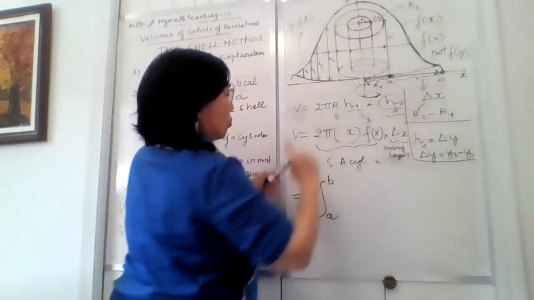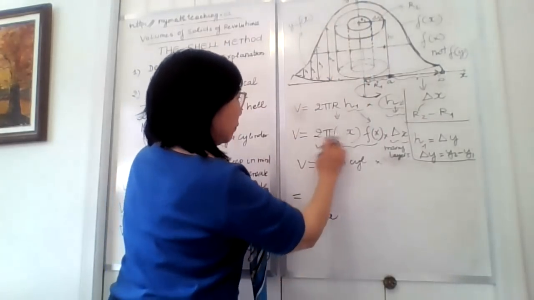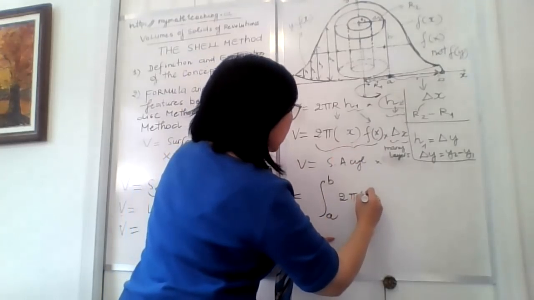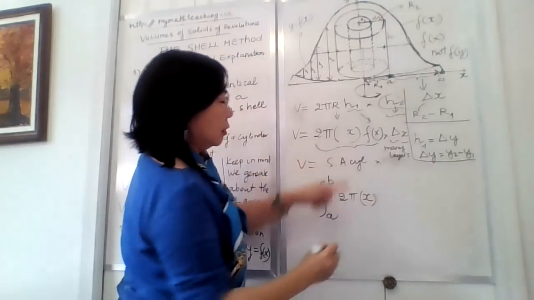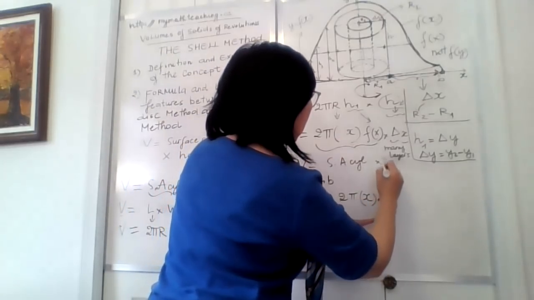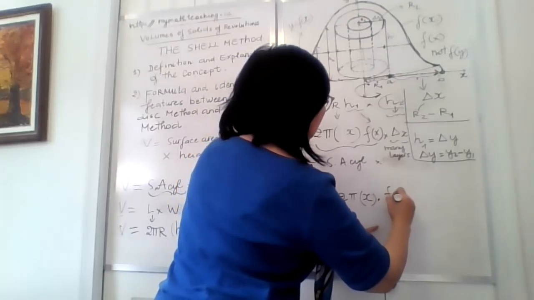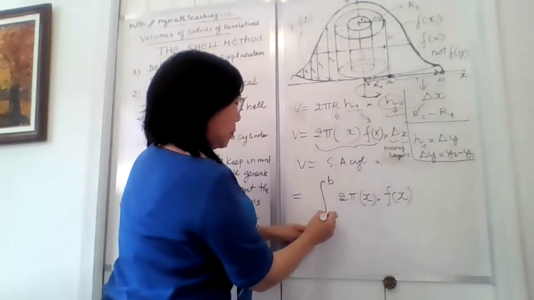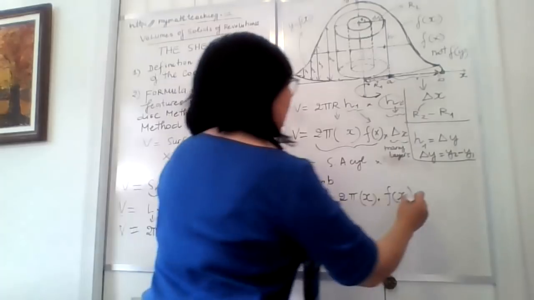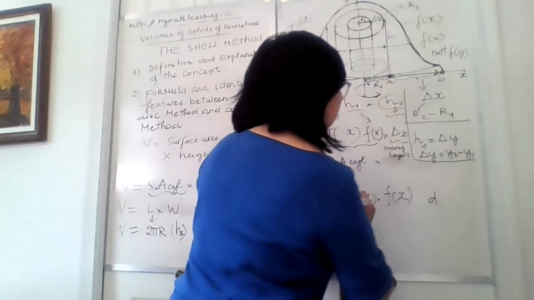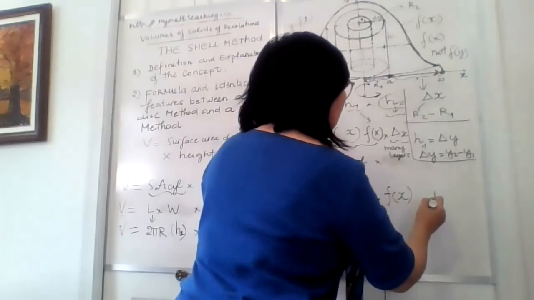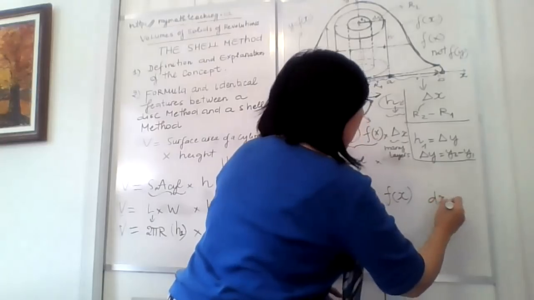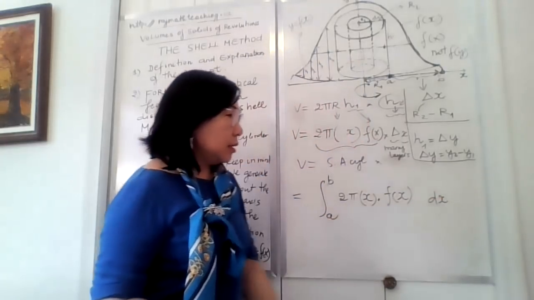of this cylindrical shell. Inside, we have a formula of 2 pi r, but I'm going to substitute r by the x coordinate, right? Times f of x, and we generate it from A to B. And because this is the function of y in terms of x, so we still do the antiderivative of dx, right?